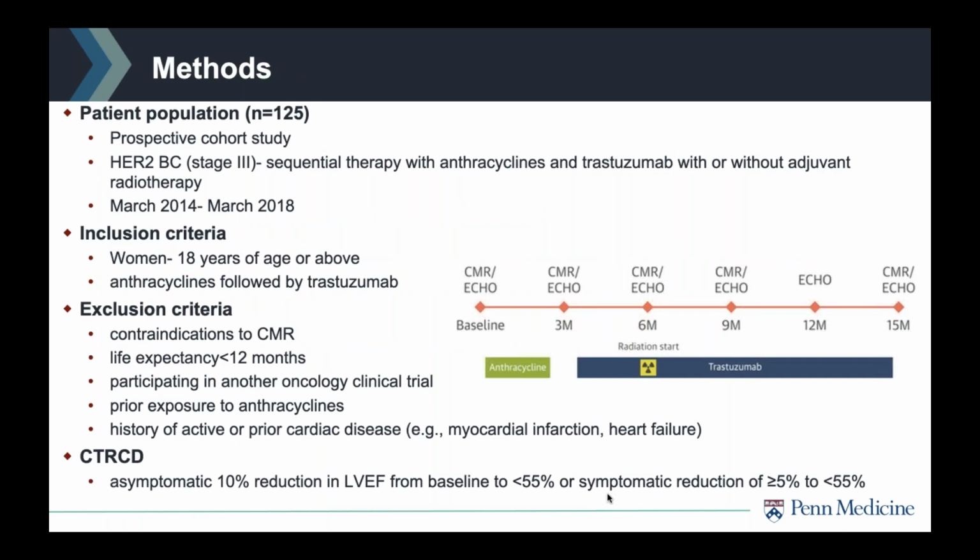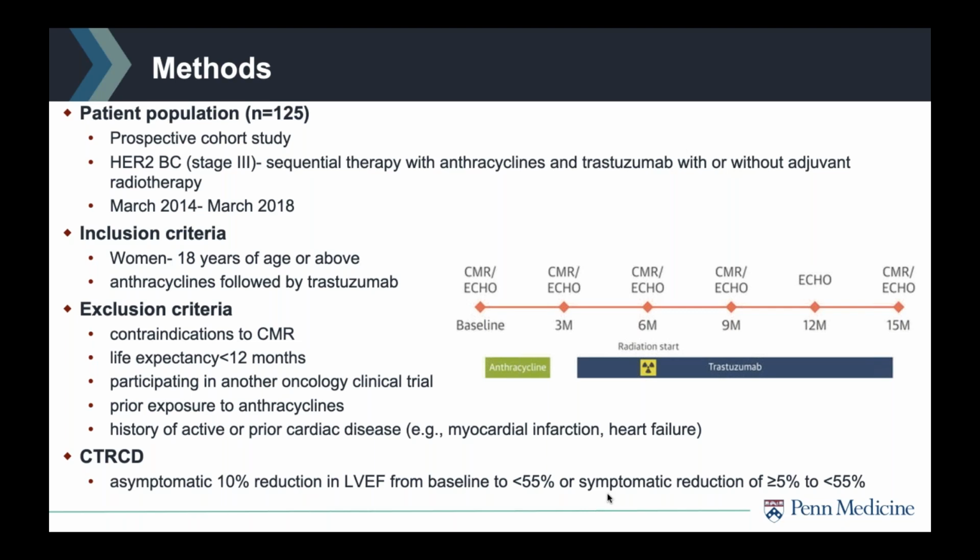So this paper tries to answer some of these questions. This is a prospective study done from March 2014 to March 2018. HER2 positive breast cancer patients who underwent sequential therapy with anthracycline and subsequently trastuzumab, with or without adjuvant radiotherapy, were included. It was done in a total of 125 patients, with inclusion criteria being women 18 years of age or above who received anthracycline followed by trastuzumab.